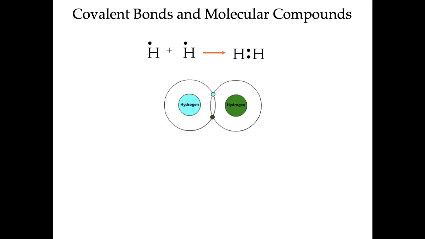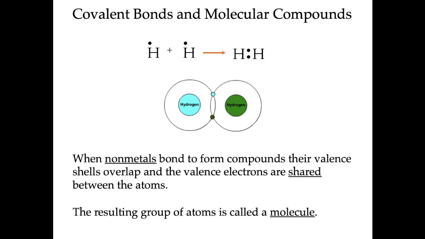In fact, if we were to look at their atomic orbitals, we would see that their orbitals are actually overlapping with each other. This is the definition of a covalent bond. When nonmetals bond to form compounds, their valence shells will overlap and they share their valence electrons. We call the resulting group of atoms a molecule.